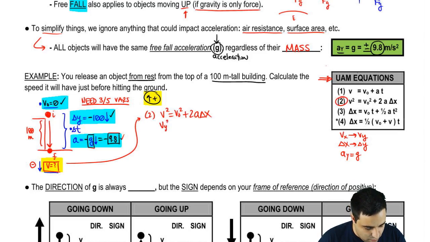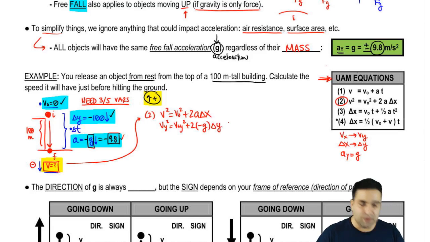I'm going to say this is actually Vy, V initial Y, 2, acceleration is G or negative G, and delta Y. So all I've done is rewrite that equation. You could have already written it this way if you want. It doesn't matter, as long as you eventually plug in the right numbers.